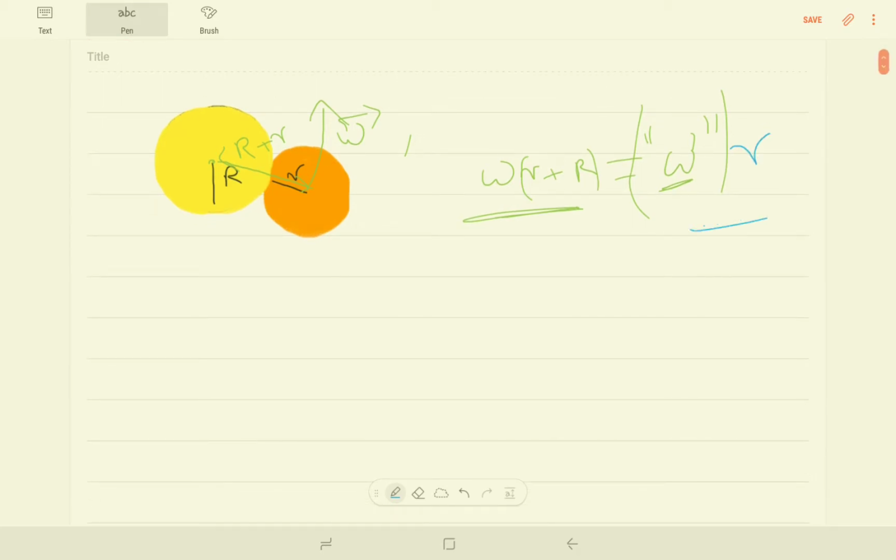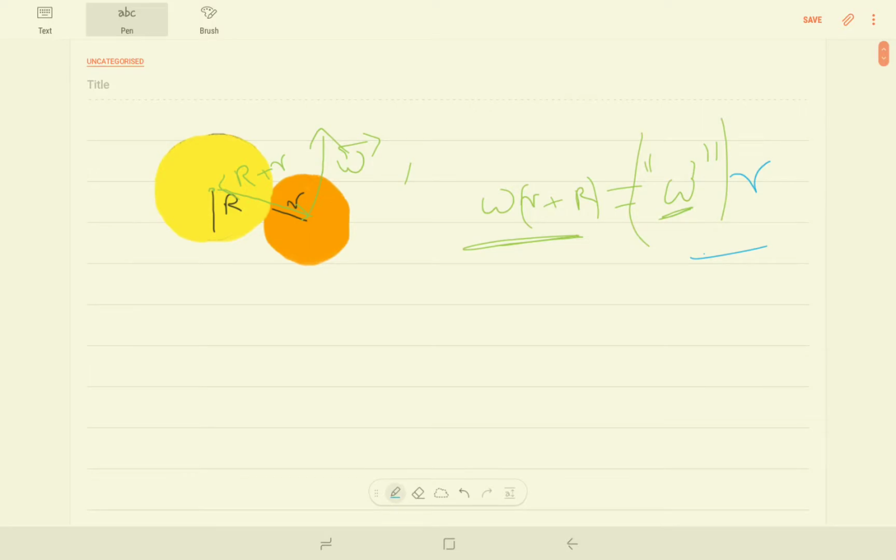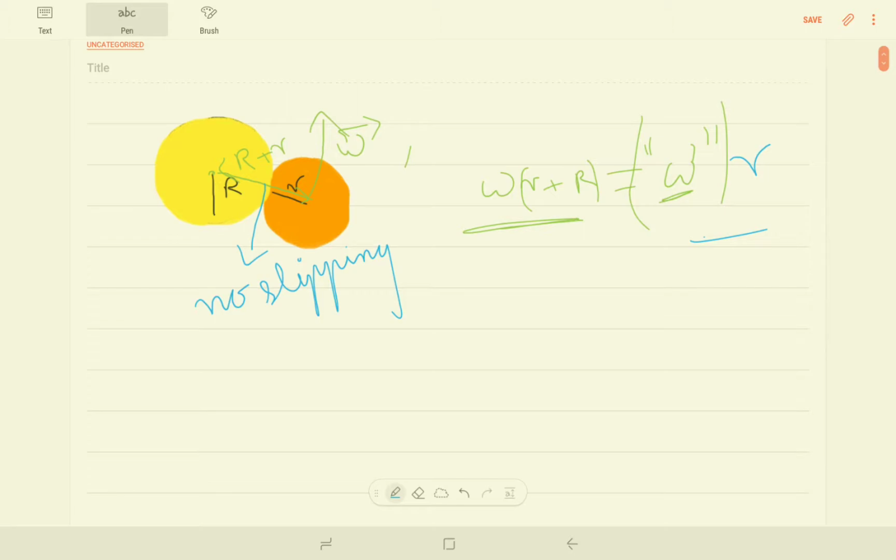Now, why is this true? This is true because when we say it's rolling purely, we assume there is no slipping right here. And when we say no slipping, the velocity of this portion of the smaller circle needs to be 0.